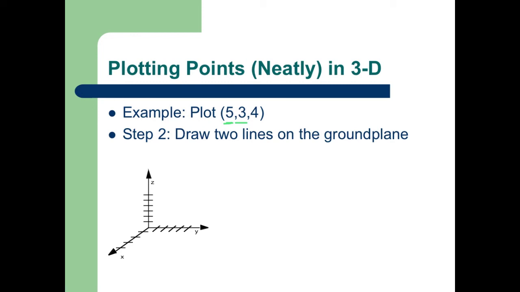So the x-axis has a 5, so we need to go 1, 2, 3, 4, 5. We're going to go about here, and we're going to draw as straight a line as we can here, parallel to the y-axis.